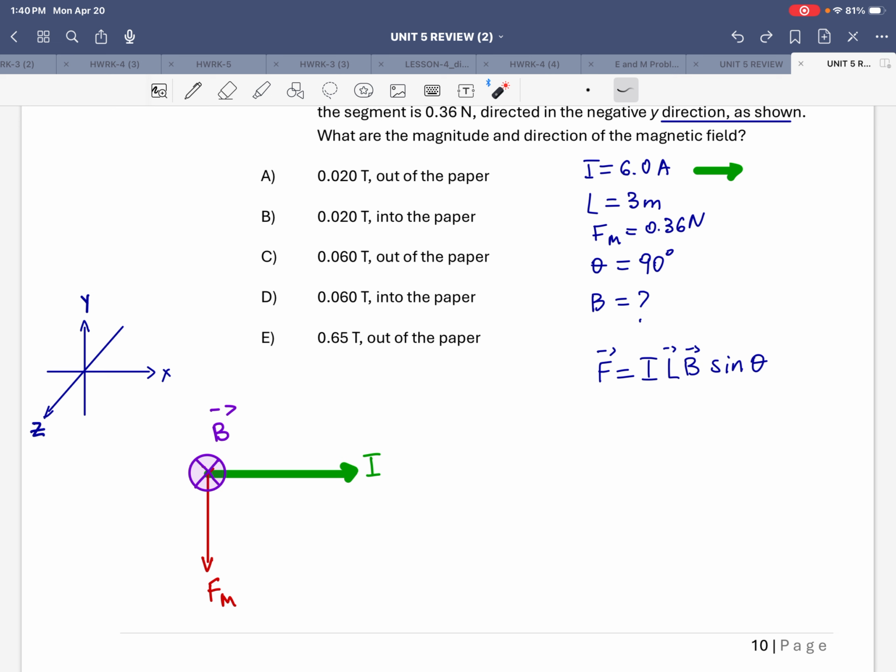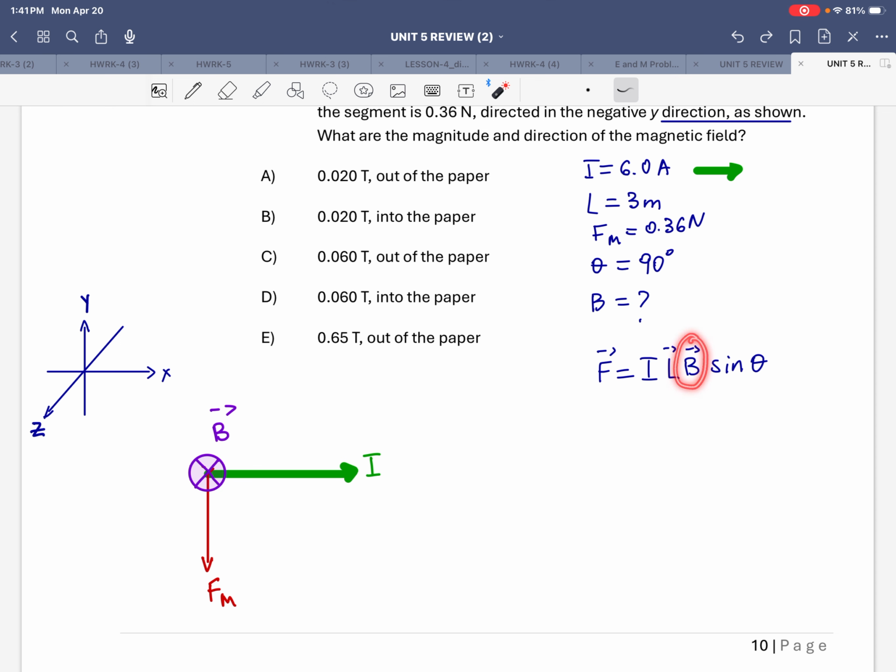Place your pointer finger along I, and position your 3 fingers, so the FBI, so that the force will point down, and you will see that the magnetic field line will be coming out of the page. So we know the direction: it's coming out of the page, perpendicular to both F_M and I. Now, let's get to work and perform the calculations.